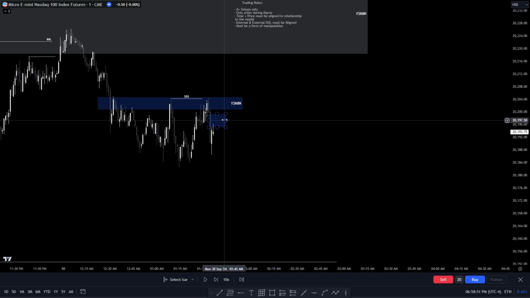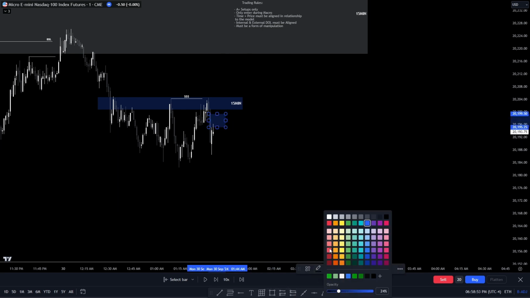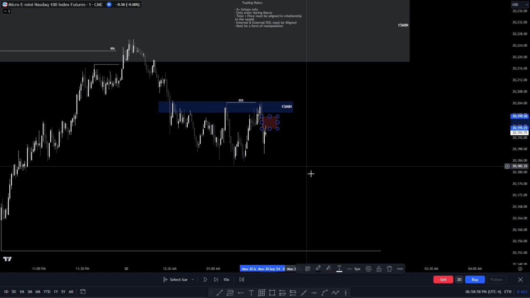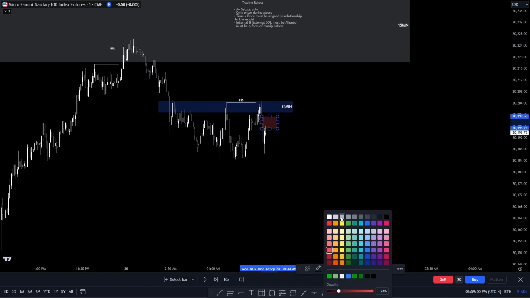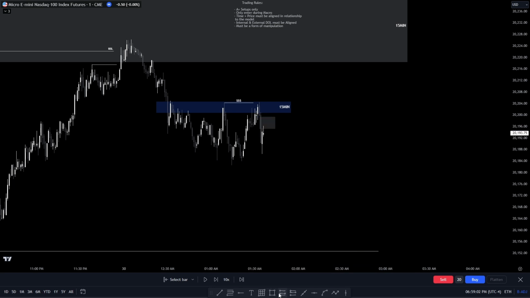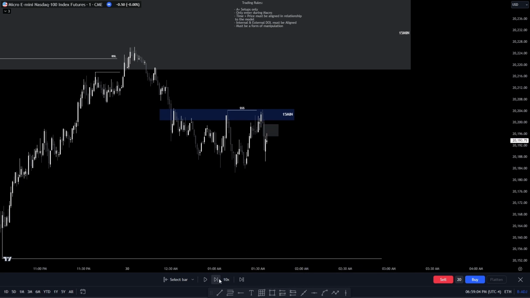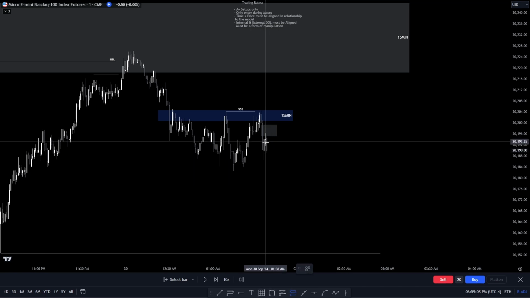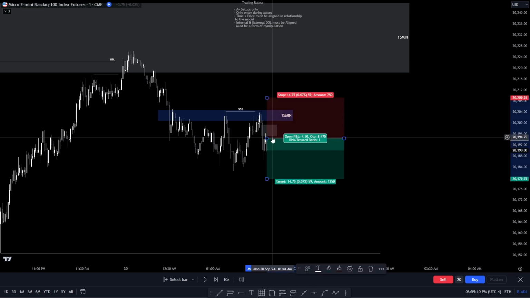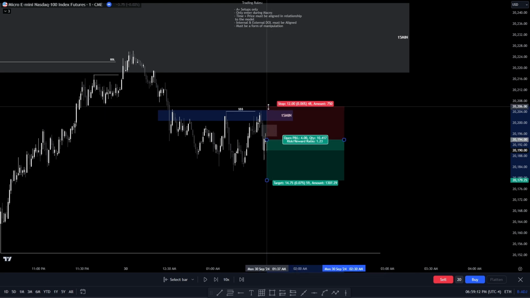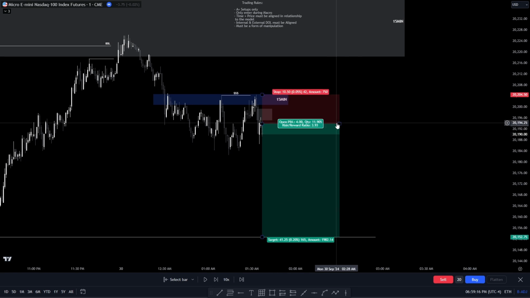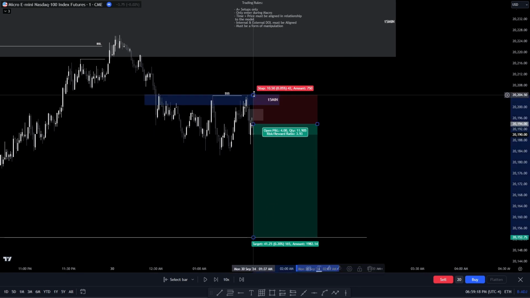And I just wanted to see a nice rejection off of it with speed and aggression. We got that. And the reason I entered right here-ish, not in the fair value gap, but around here, with my stop at the high and then targeting the low.